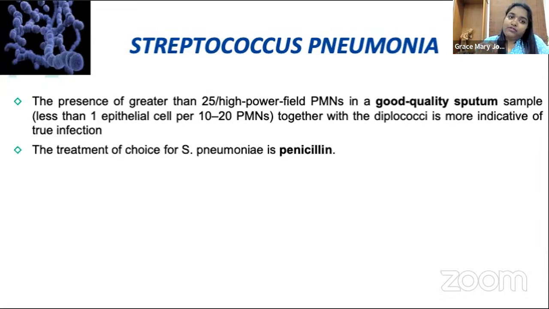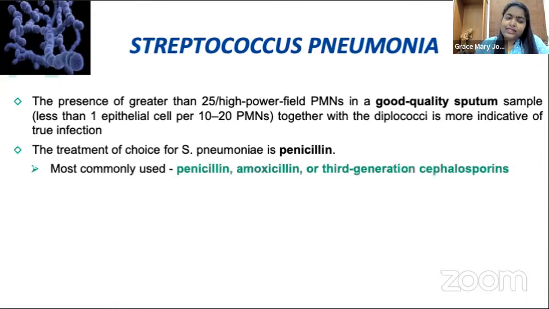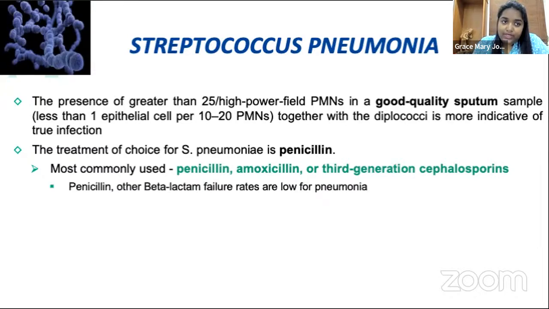Now, the treatment of choice for Streptococcus pneumonia has been penicillin for a very long time. And the other ones that are being used are your beta-lactams like amoxicillin, your 3rd generation cephalosporins. Now, what you need to look out for is that when it comes to pneumonia, even if your MICs are high, because beta-lactams have the capacity to concentrate in your lung, there are very few chances that it causes failure in treatment.